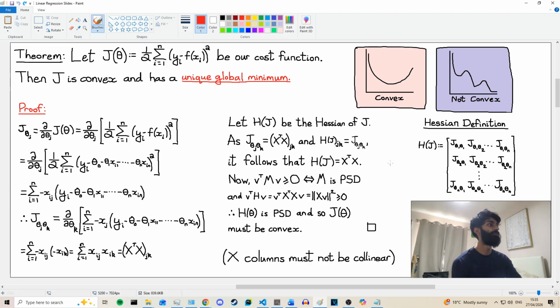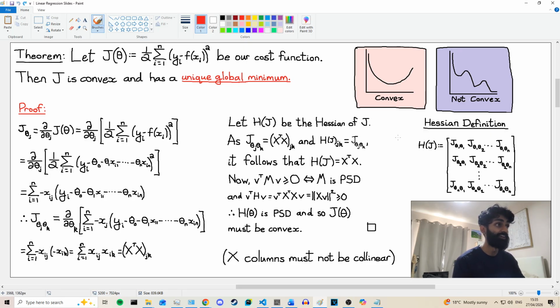Now we have the Hessian, which is simply a matrix with every possible second derivative organized as I've demonstrated here. So the jkth element of H is taking the derivative with respect to the jth variable, then the kth variable. Well, we've established this result, literally on the left here. By definition, as I just explained, this result is true.